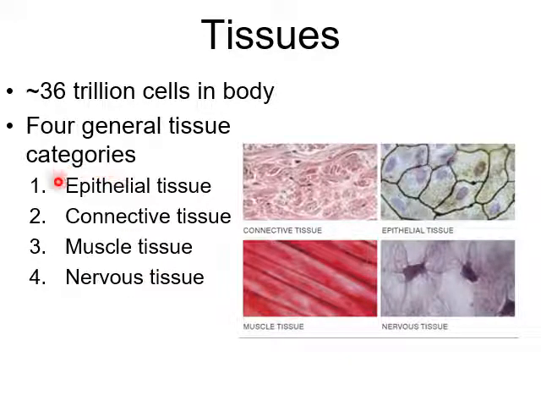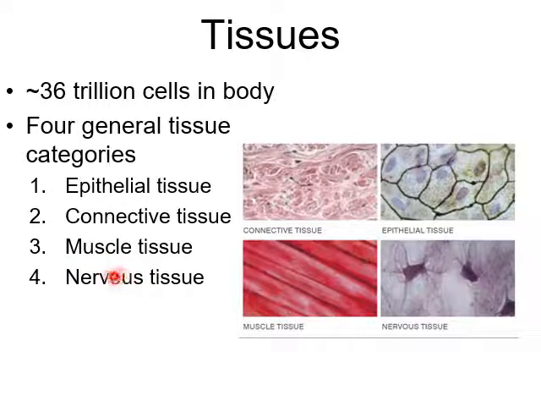These are the ones that are exposed to the outside world: your skin, your digestive tract. These are all lined with epithelial, so this is basically our interface to the external world. We have connective tissue, kind of the glue and filler of the body, muscle tissue, and then nervous tissue.